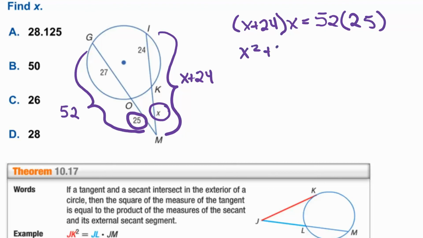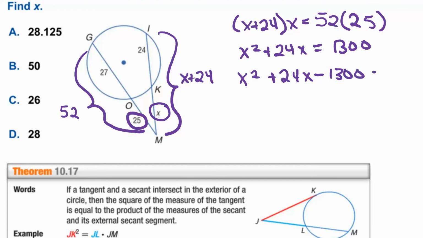So x squared plus 24x equals 1300. We have an x squared and an x, so we'll have to bring everything over to the side with the x squared. And now we'll need to factor. To do this, I need to find the factors of 1300 that would add up to be 24.